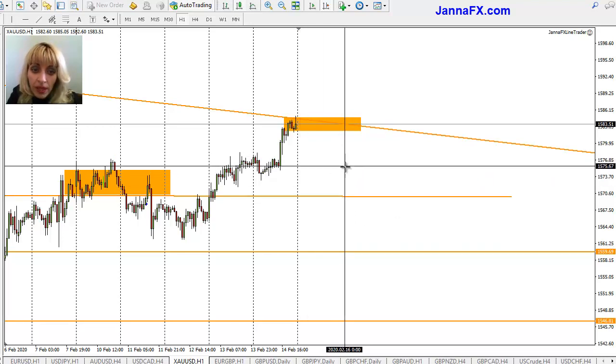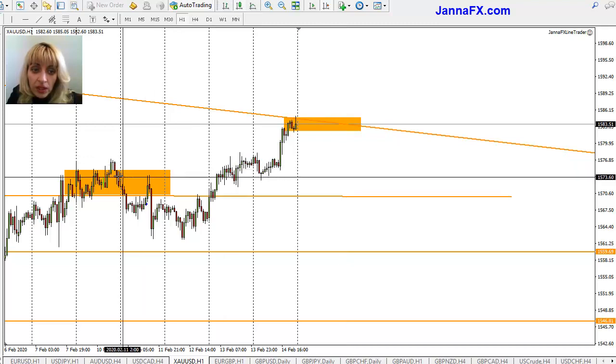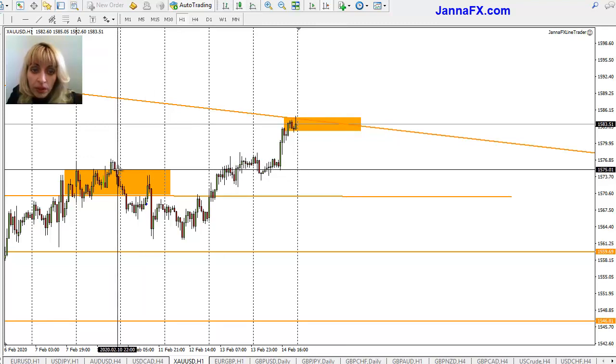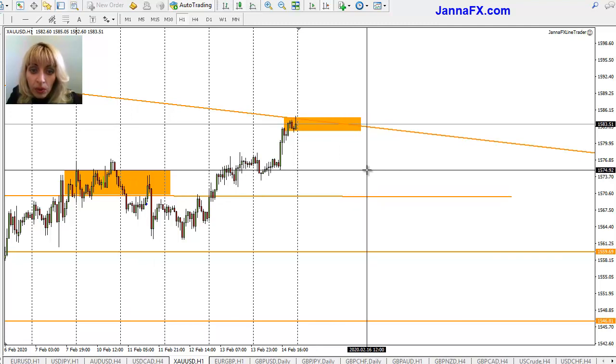So something like this, and you see it's pretty much consolidated on top of my previous orange here, as you can see. So if it will do so, I will still have enough, you see, like 50 pips space. The only problem with gold, it has bigger spreads and slippages are also bigger, so that's why 50 pips might not be enough, but we will see.